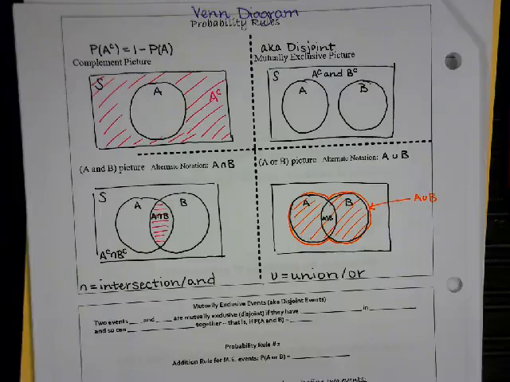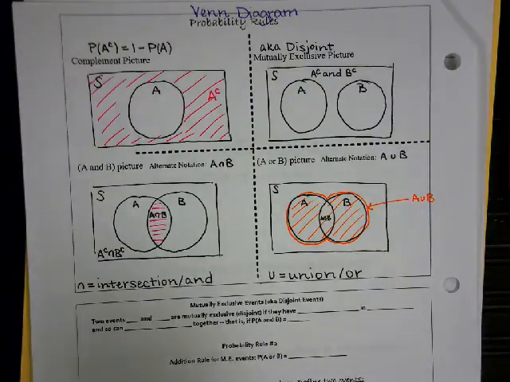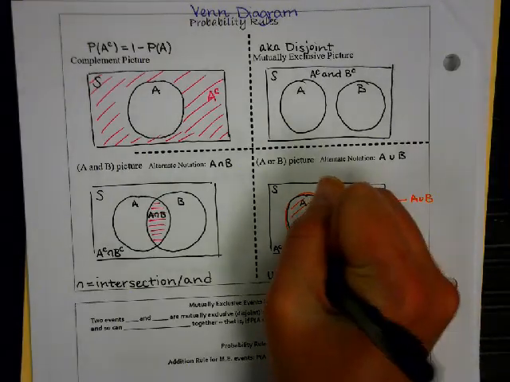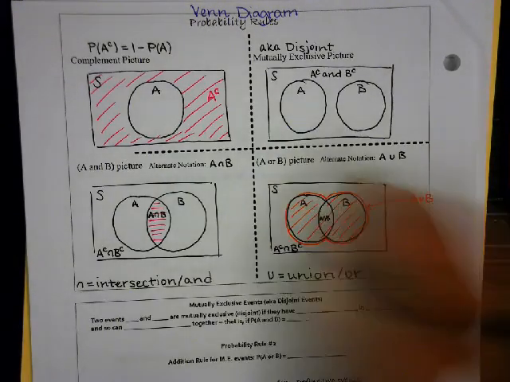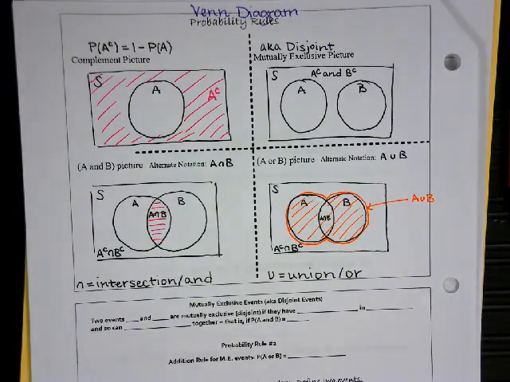I forgot to label this as S, sorry. And outside our two circles is still A complement and B complement. A is not happening and B is not happening. So we will use Venn diagrams, which I will show on this page. Actually, no, I won't. Yeah, that page, sorry.